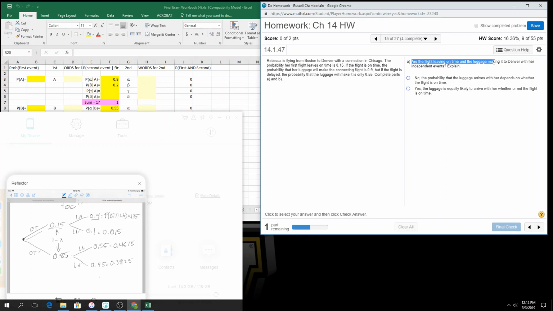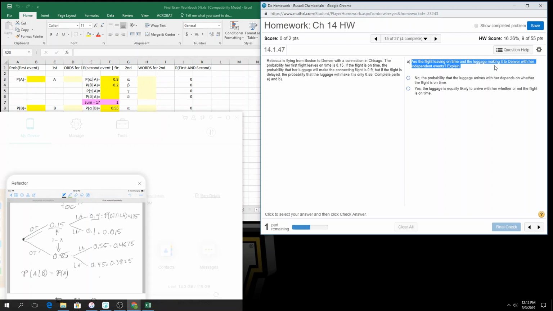Okay, so first question. Are the flight leaving on time and luggage making it to Denver independent? For that, we ask ourselves the question: is probability A given B the same thing as probability A? No. If I arrived on time, I have a 90% chance.